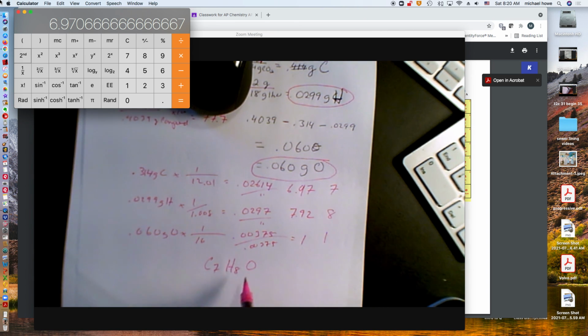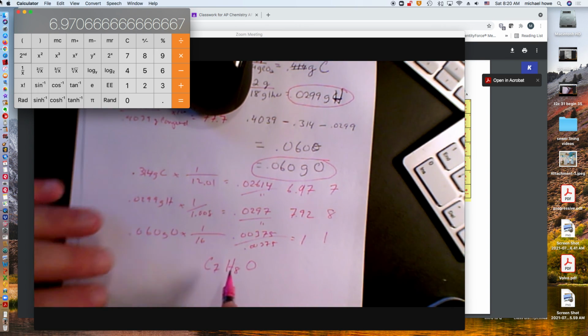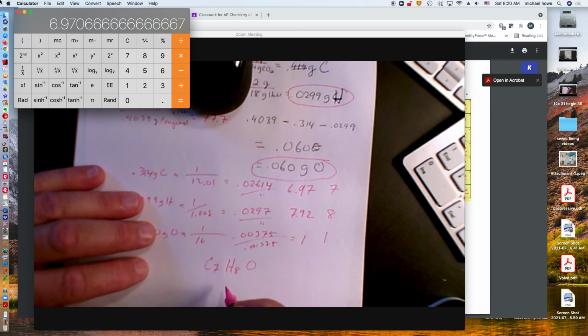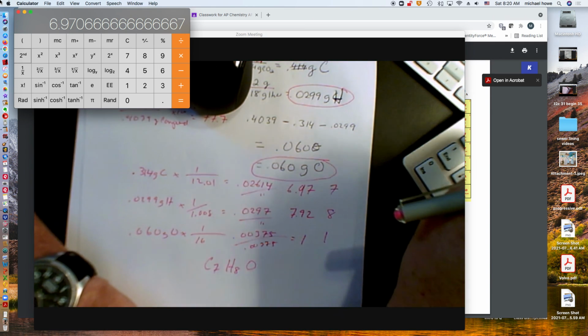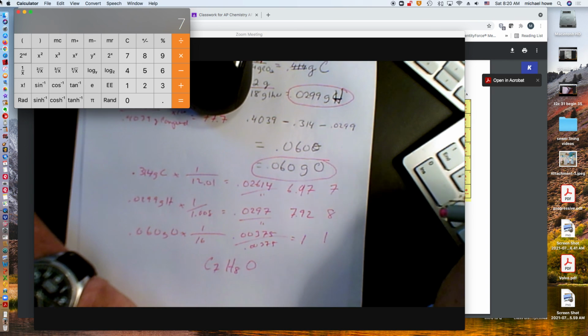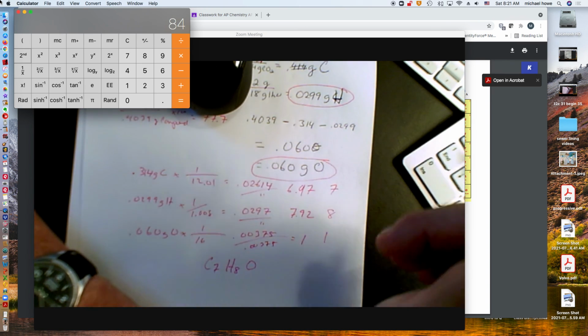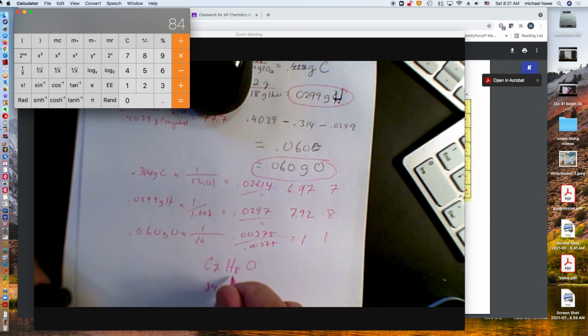All right, so now it tells us that the molecular weight of this compound is 108. Okay, so 7 times 12 is what? 7 times 12 is 84. 1 times 8 is 8 and 16.